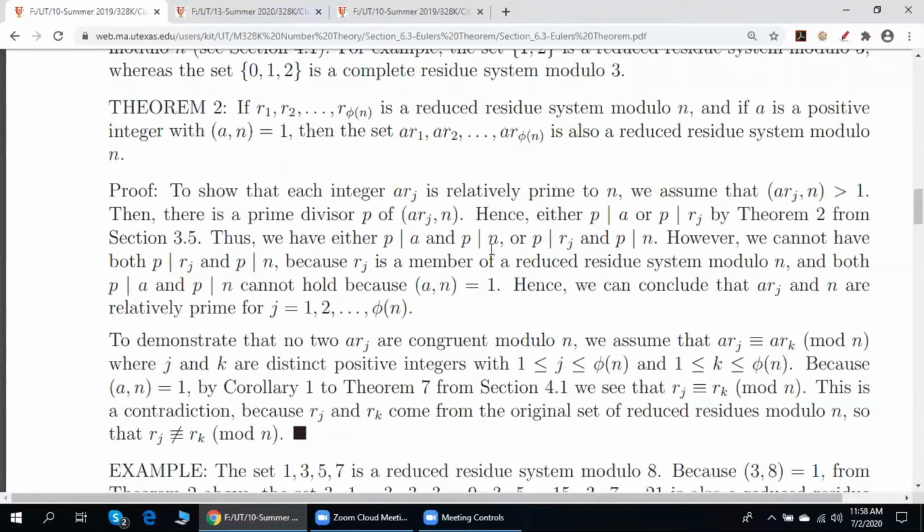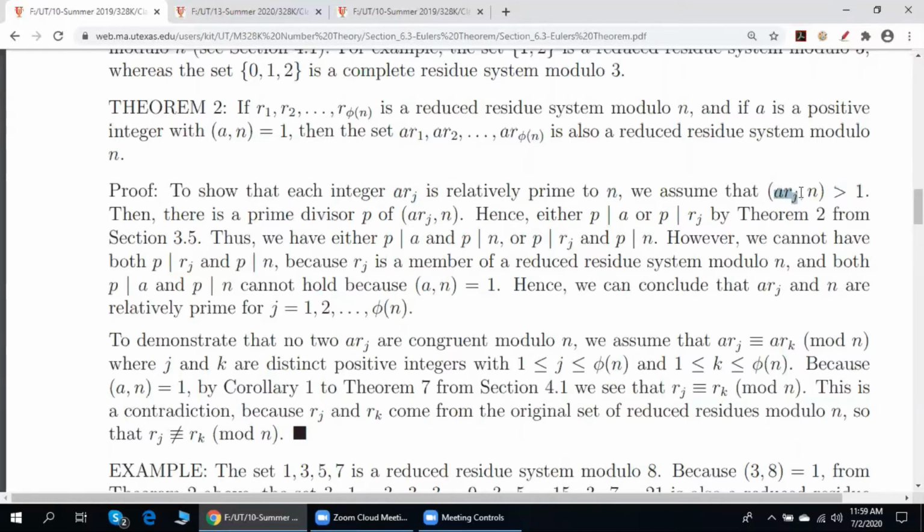So first, let us show that each such integer is relatively prime to n. Let us show that a r j is relatively prime to n. Assume to the contrary that the greatest common divisor of this and this is greater than 1.